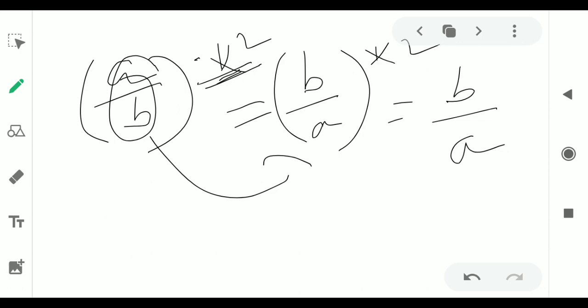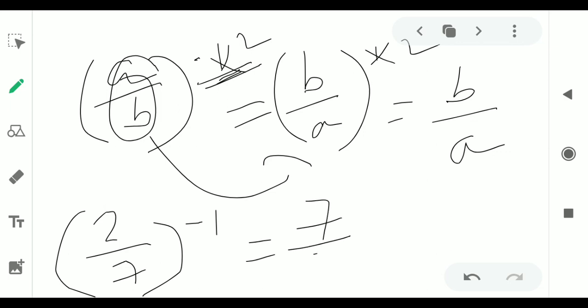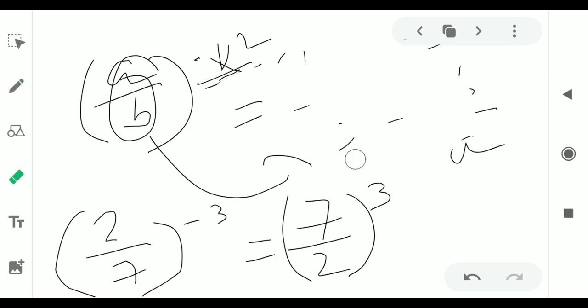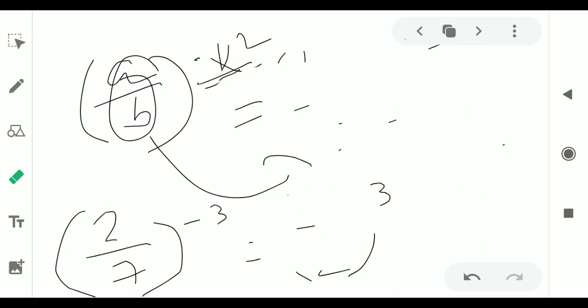Understand? So we can write 2 by 7 whole to the power minus 1, so the number is 7 by 2. Or suppose 2 by 7 whole to the power minus 3, we can write 7 by 2 whole to the power 3. Understand? So these are the properties of laws of exponents.